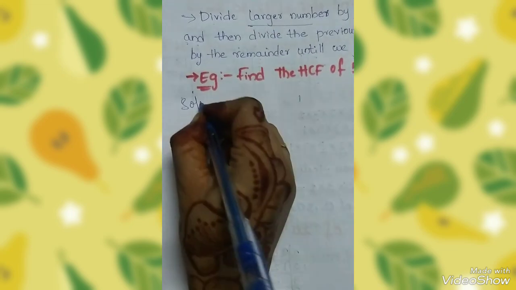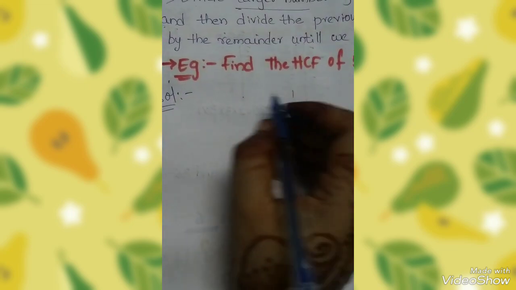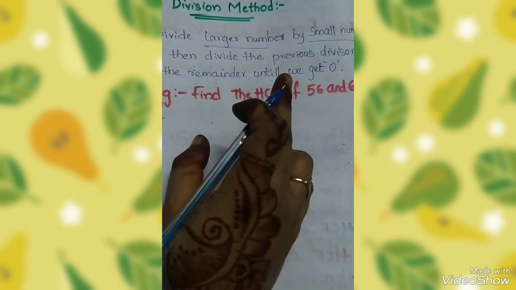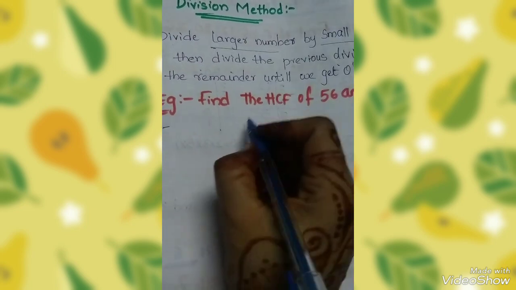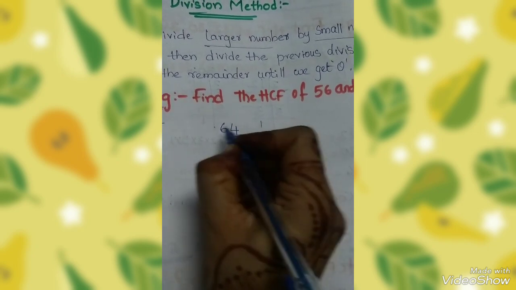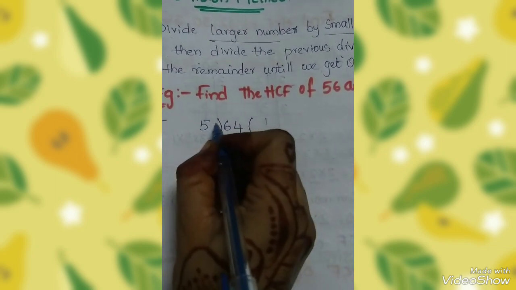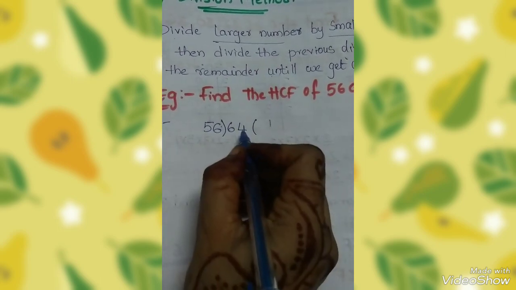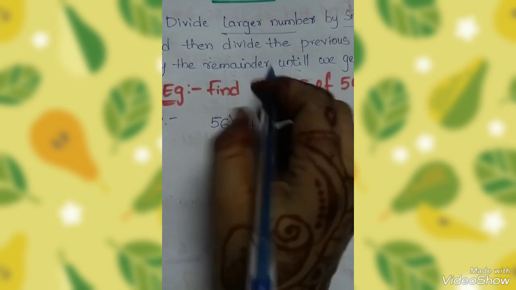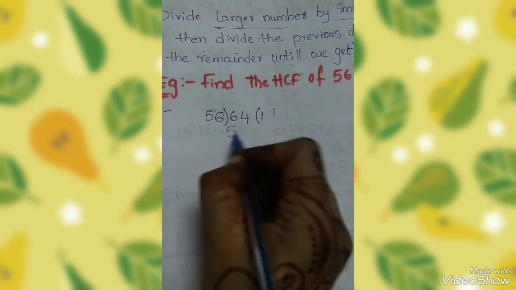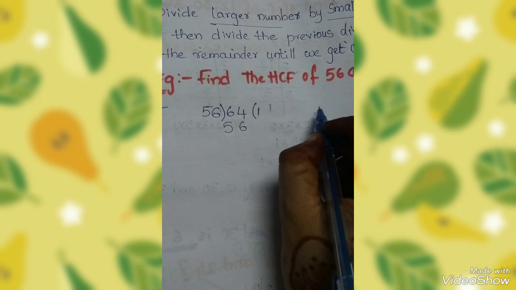Now the solution. We take the smaller number, 56, as the divisor, and write the larger number, 64, inside. 56 is the smaller number, and we divide the larger number by the smaller number. 56 ones are 56, since 56 twos are 112.